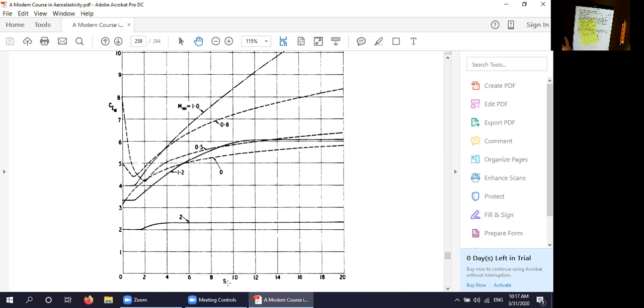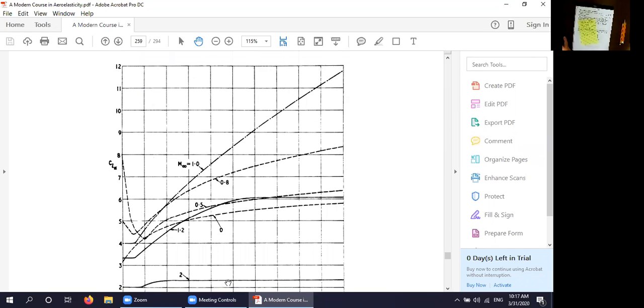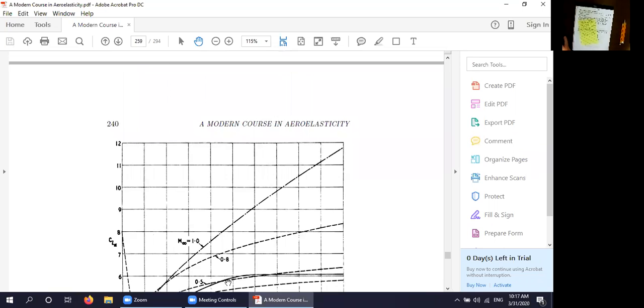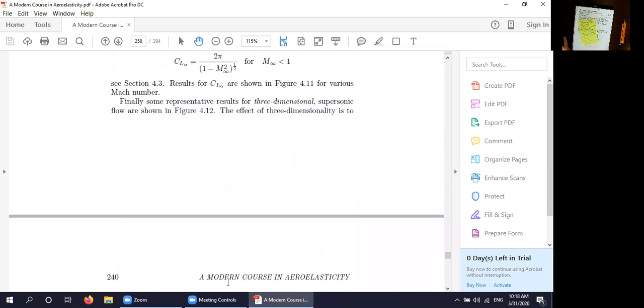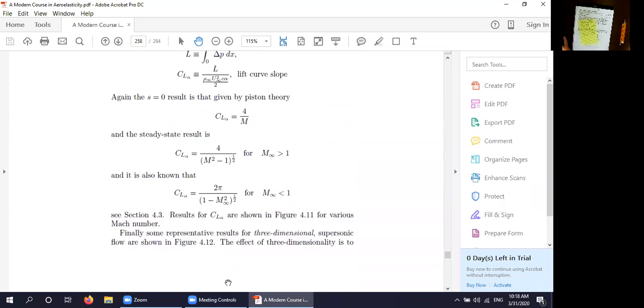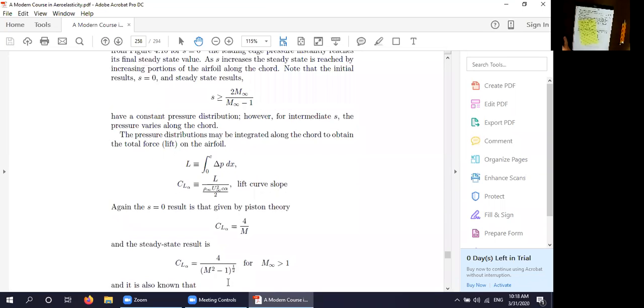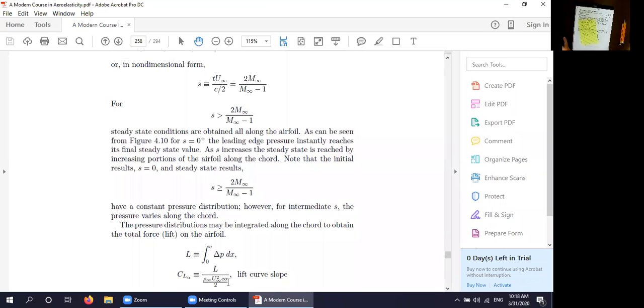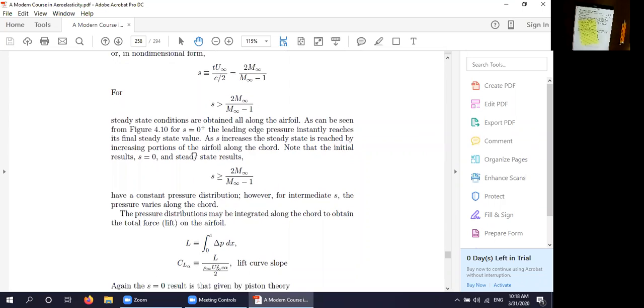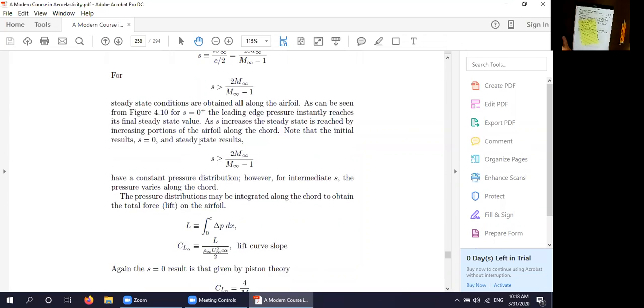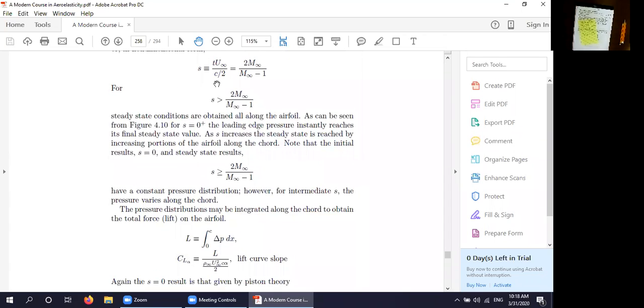In this case, the authors who originally obtained this result were some, at the time, famous aerodynamicists at what was then the NACA, before it was NASA. And they, in their wisdom, chose to non-dimensionalize time not by C, the chord, but by C over 2, which is equal to B, right?